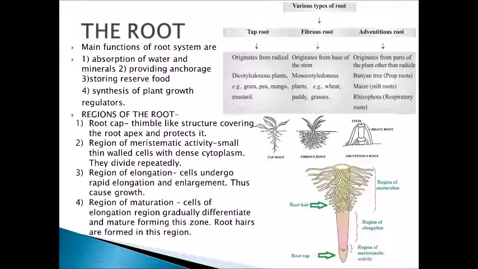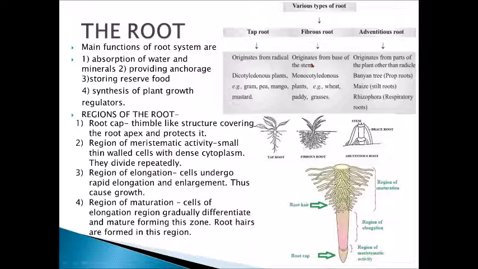There are various types of roots. The first type is called the taproot. This root originates from the radicle. The second is the fibrous root. It originates from the base of the stem.